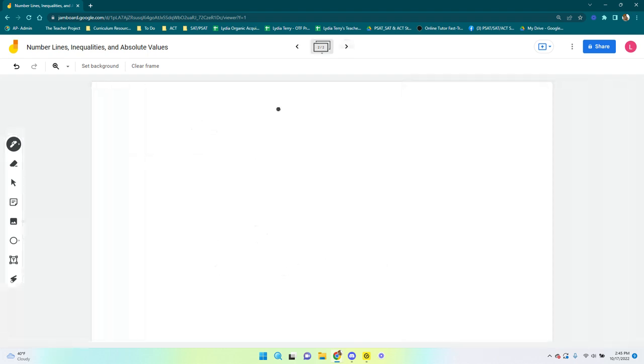When you're dealing with absolute values, you're going to basically have a system of equations. So let's say I have the absolute value of 3x plus 2, minus 3, is equal to 17. You're going to want to treat the absolute value like it's a parenthesis in the order of operations.